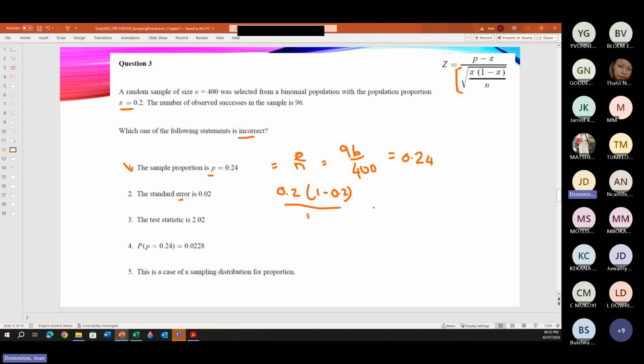Divided by n, and the square root of it. So that will be your standard error that we're working out. Again, the Casio and the Sharp will be easy to work that out.